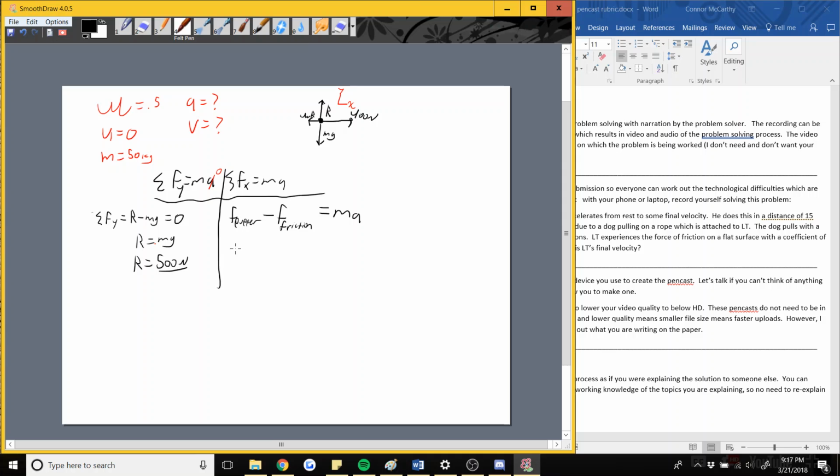And so we know 400 newtons minus force of friction, which is mu R. We know mu, 0.5, and R. So that's going to give us 250 newtons from friction equals mass times acceleration. So 400 minus 250, class. Yep, you got it. 150.